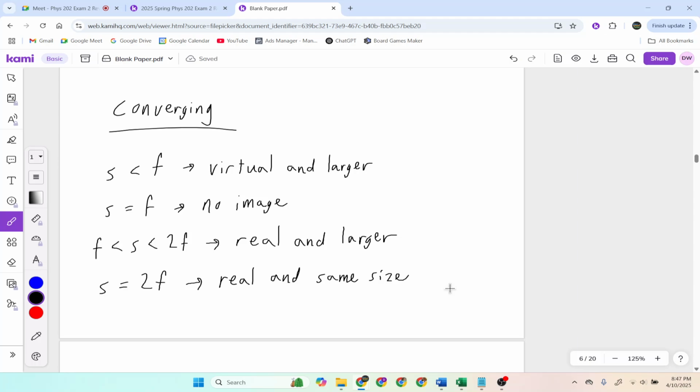And then last, s is greater than 2f. This is going to be real and smaller. And there you go. That's all 5 ranges for converging lenses. Any questions? Okay.